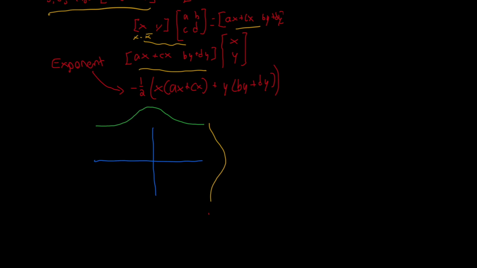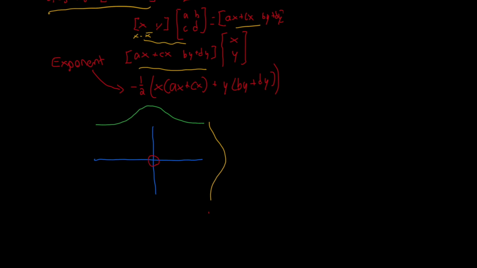If we have a covariance matrix that has really low variances in both variables, we'd expect to see a really narrow probability distribution that looks kind of like that, right? There wouldn't be a whole lot of points out here. It would be mostly contained within this little area right there.